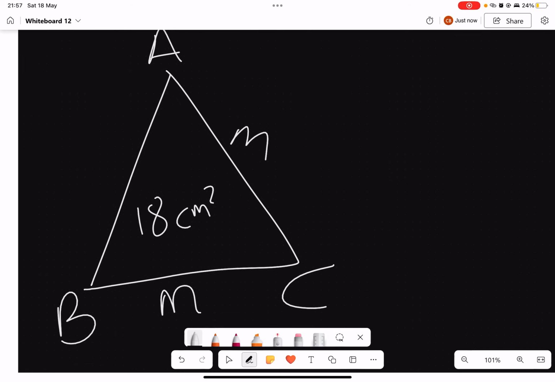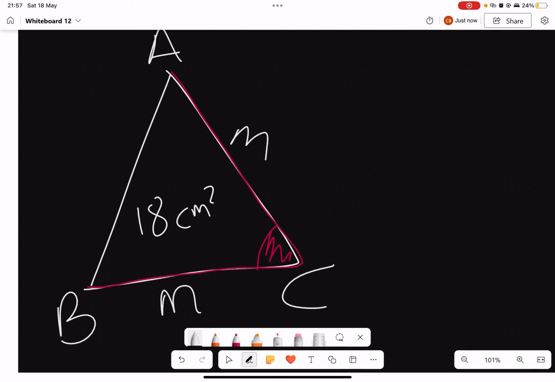Okay, so since they're giving me the area, I already know that I have to use the area rule, right? And I'm going to pick this angle. Why? Because they want sine C, and the area rule is going to include sine C. Obviously, if I pick this angle, I have to use these two sides, right? Sharp. Remember, you take the angle and the sides that form it.